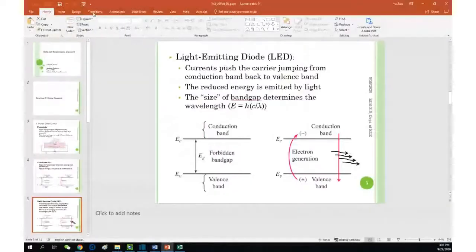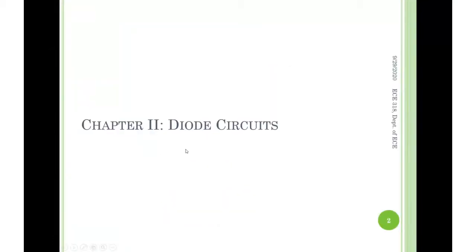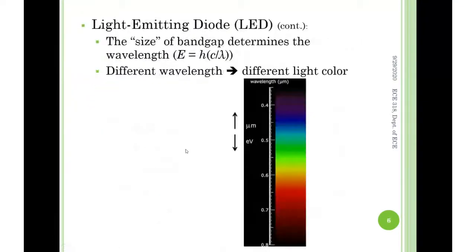All right, coming back to the slides. Here, the size of the band gap determines the wavelength, because the size of the band gap determines the energy. The energy determines further the wavelength, and the wavelength determines the light color. I'll ask you a question. All of these are visible colors, right?